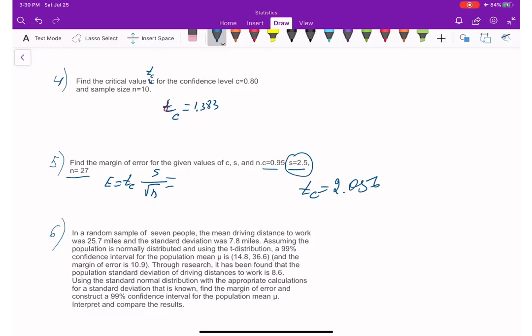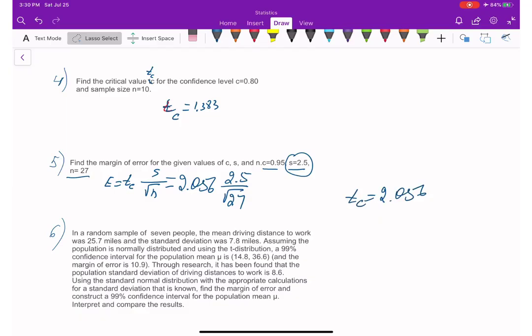So we plug here. s is 2.5. Square root of n, it's going to be square root of 27. You can do the calculation, right? What do I get here? You are going to multiply 2.056 by 2.5 and then divide, and whatever comes out, 2.27. You can do math, right? Moving to the next one.